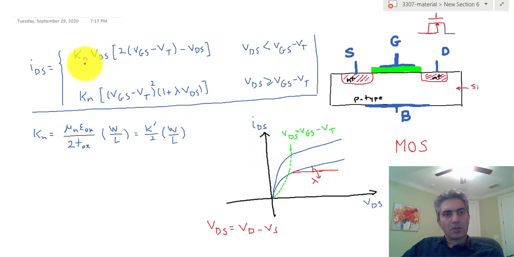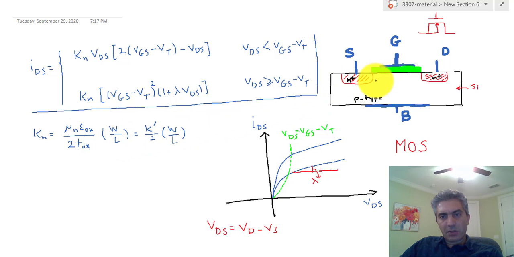Now, there are certain constants that are used here. Kn is a constant that comes from the physics or the properties of the material that is used in fabrication of the device. So Kn is equal to mu n epsilon oxide divided by 2 times the thickness of the oxide, times the width of the channel over the length of the channel.